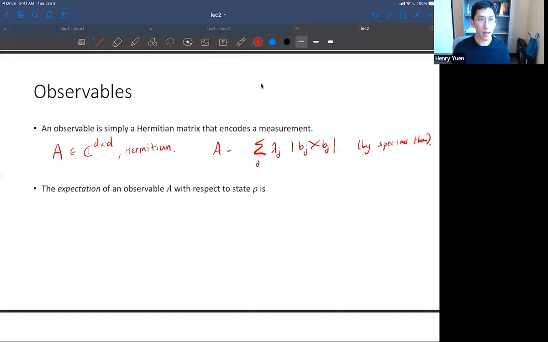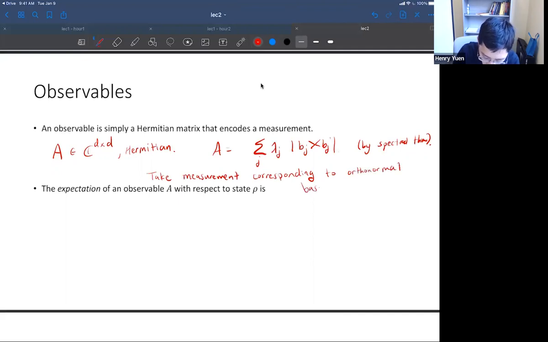And it encodes a measurement in the sense that we can just take this orthonormal basis and consider the measurement corresponding to that. Okay, right, with an orthonormal basis, you can definitely measure according to that.